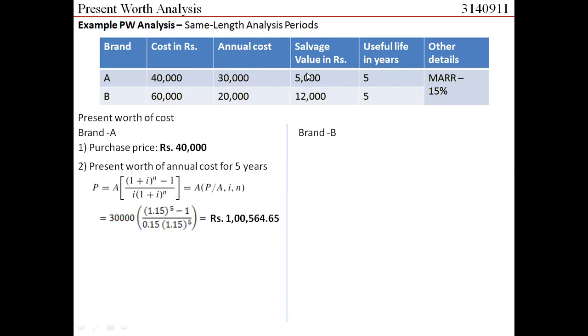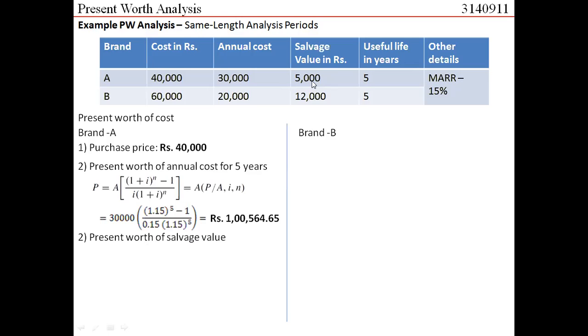Now what remains is my salvage value. So what would be the present worth of salvage value? Understand that salvage value is something that you are going to get only at the end of the service life, when you are going to salvage the machine. That is when you are going to throw away the machine, sell the machine, or scrap the machine. So this is the money that you would get at the end of 5 years.